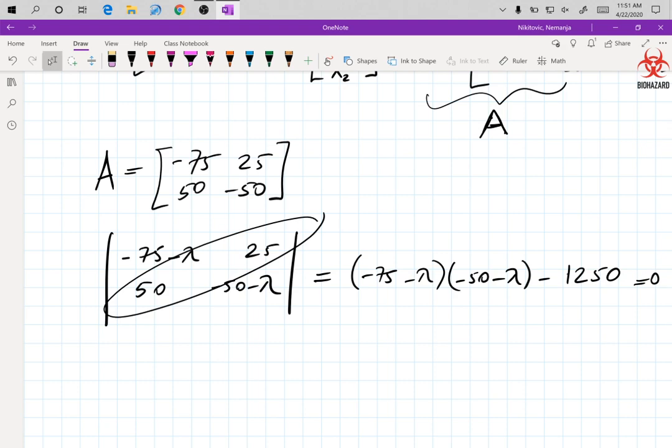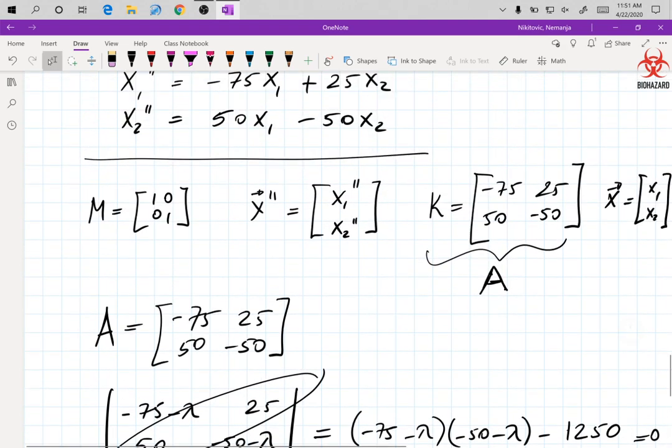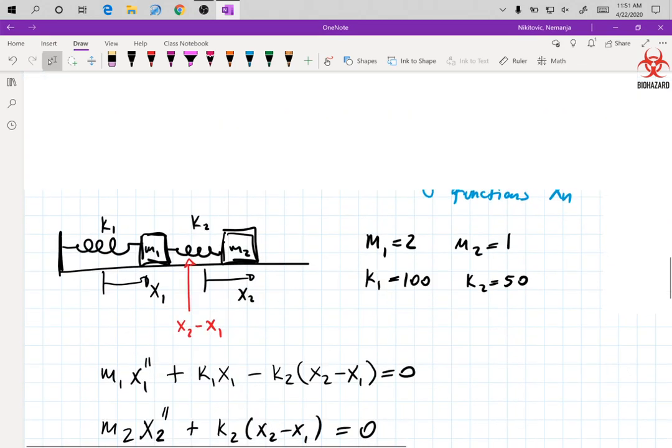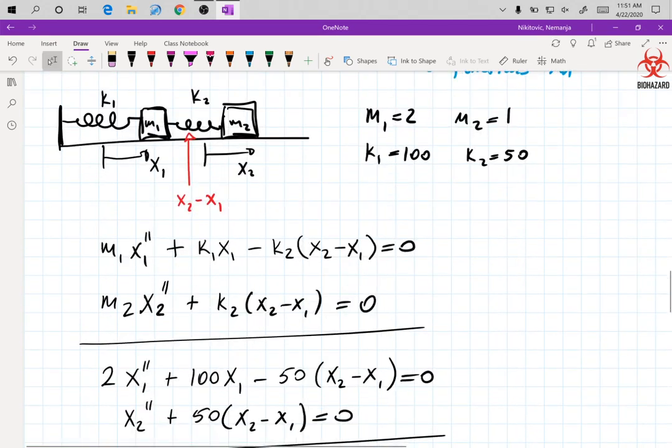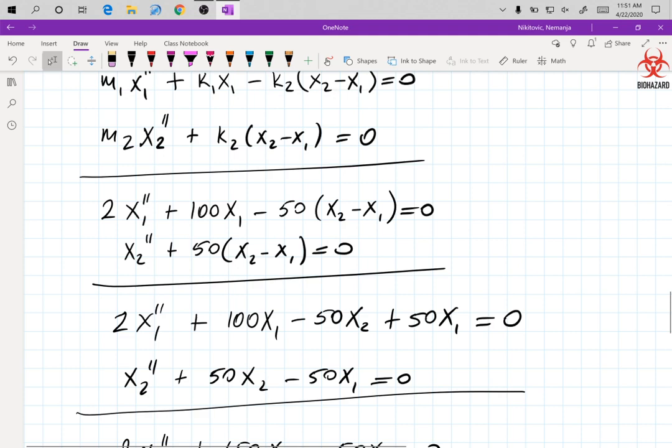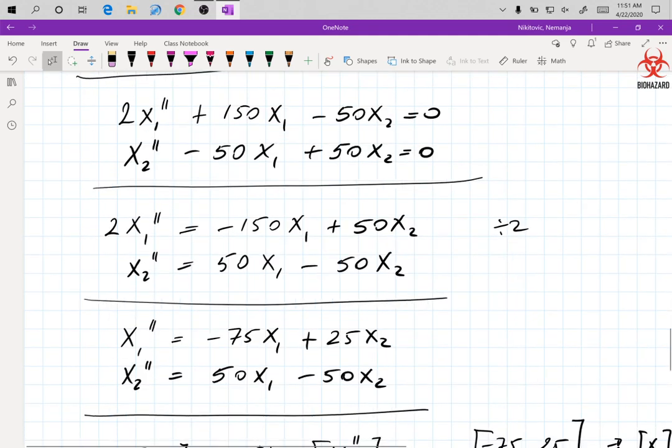Why is M an identity matrix? Because you will always have masses, and the masses will always go here. And if those masses are whatever numbers, you will eventually divide by whatever those numbers are.